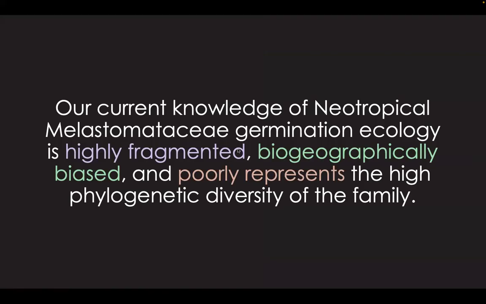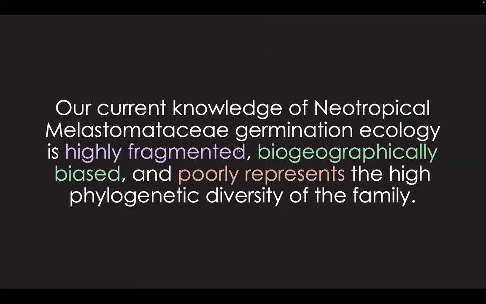So considering all this together, we need to recognize that our current knowledge of the germination ecology of Neotropical Melastomataceae is highly fragmented, is geographically biased, and poorly represents the high phylogenetic diversity of the family. Considering that this is one of the most species-rich and important families, present in all of the tropical biomes, it is quite surprising and worrying that our knowledge is so little and so fragmented. This is one of the biggest conclusions of our review, and we were quite surprised to find this pattern.